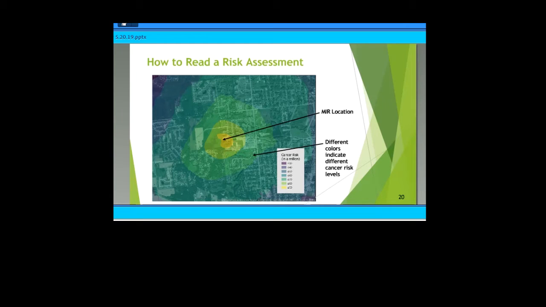So what we do is we ratchet down on individual facilities, individual industry sectors, but it's a sector-based regulatory approach.